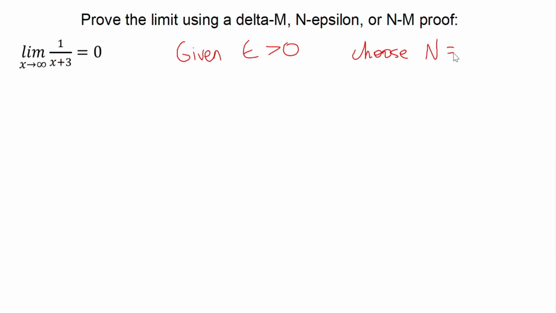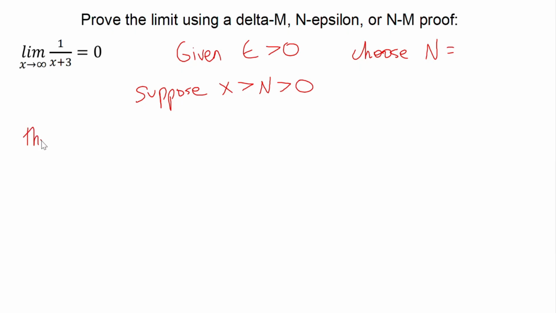We'll still suppose, though, something different now. So now we're going to suppose that x is greater than n, which is greater than 0. And if I suppose that x is greater than n is greater than 0, that means I'm supposing that the x value we're looking at is bigger than that number n that we said. Right? And we want to then show that, and again, this one now is going to have to be an absolute value.